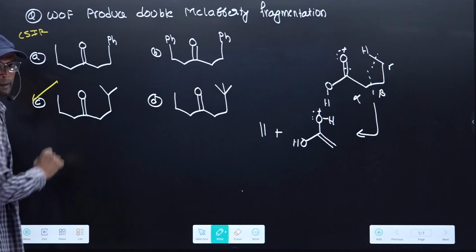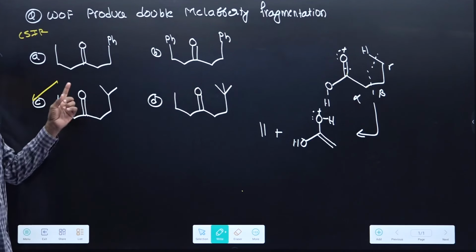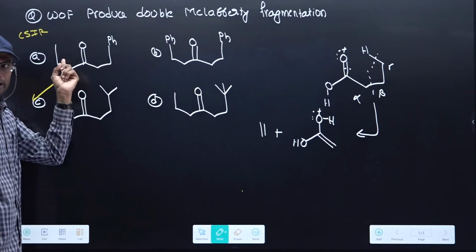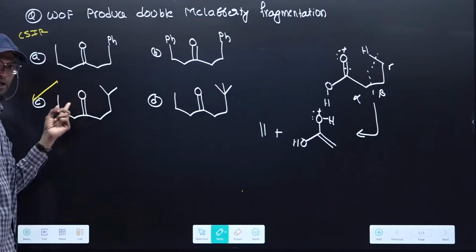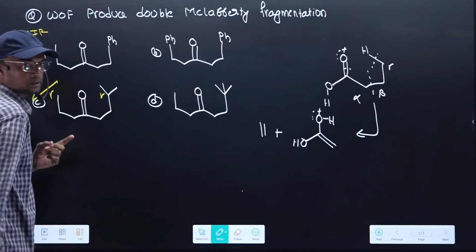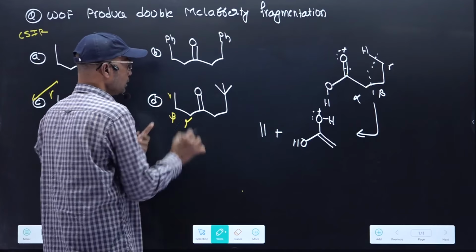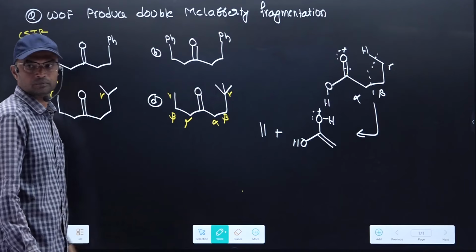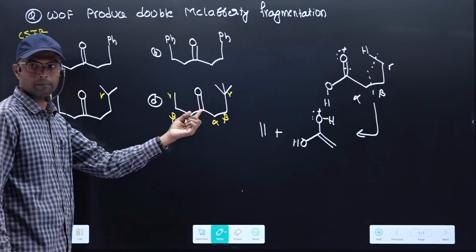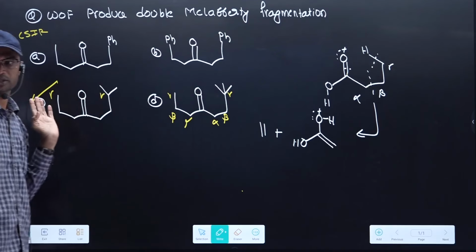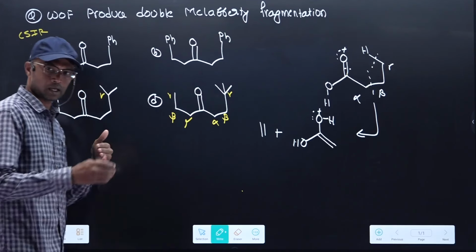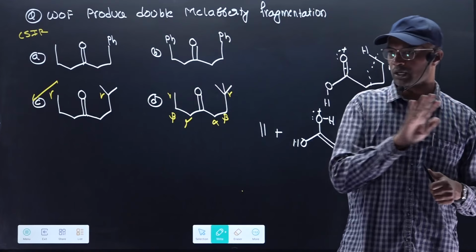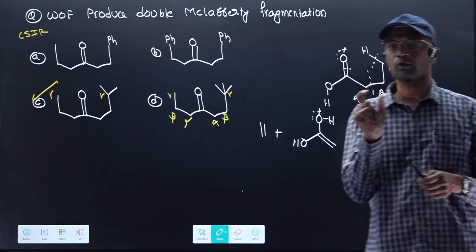Why is this not possible? There is no gamma hydrogen. Here, not even one-time McLafferty. Here, two-time McLafferty, because gamma and gamma are both present. And here it also remains the same. Alpha, beta, gamma: the gamma carbon is present but not the gamma hydrogen. So that's why. Is one time possible? Yes. They will ask questions like this. So we are learning core knowledge, but most commonly in your exam they won't ask anything that much tougher. Only if you identify the pattern can you pick the answer.